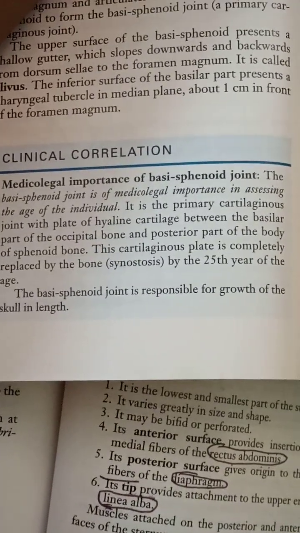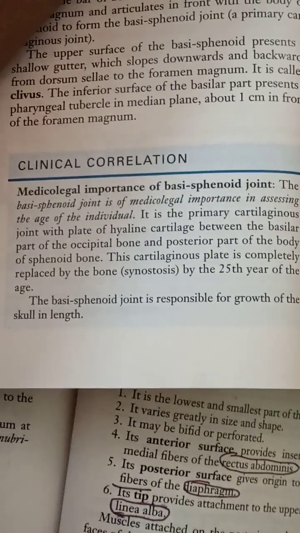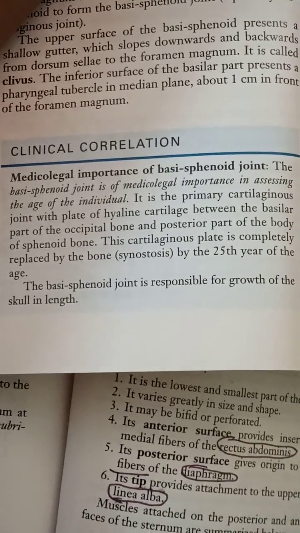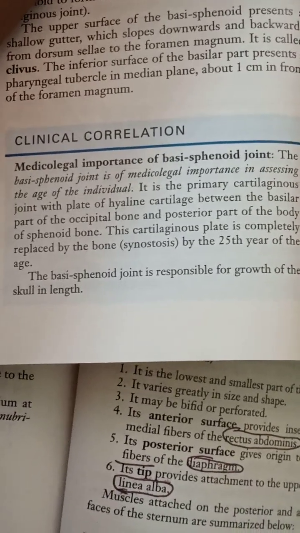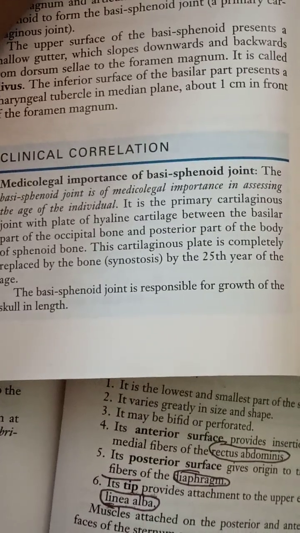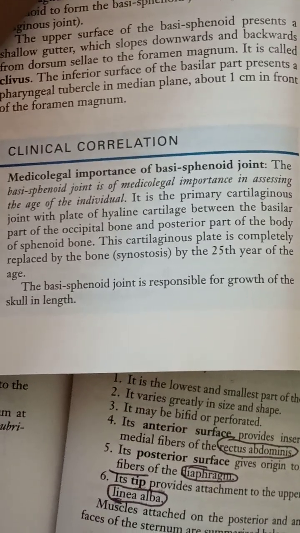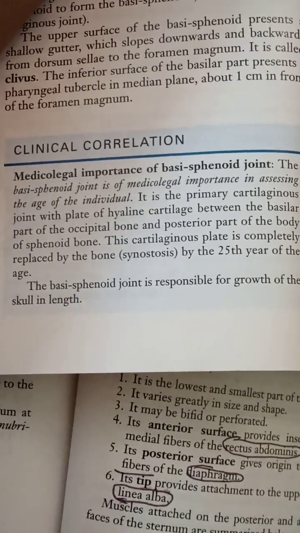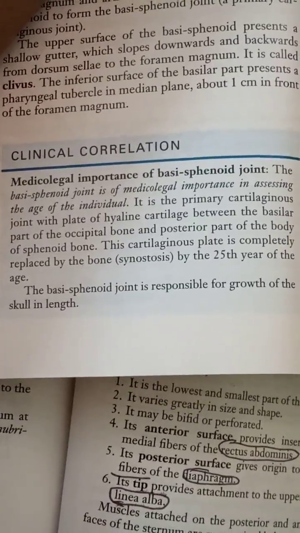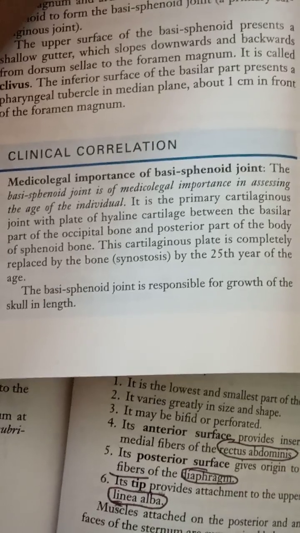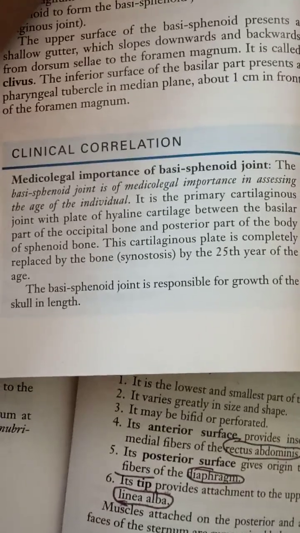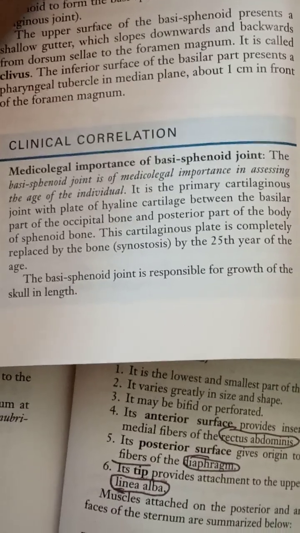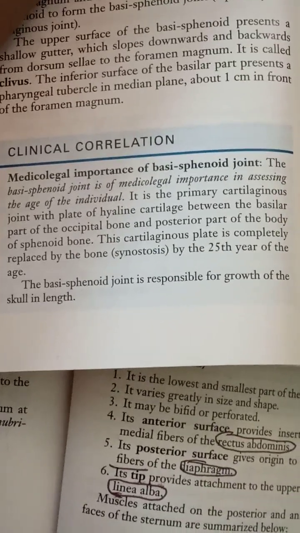So if we see synostosis in an X-ray above 25 years, it will be very easy to identify the age. The basisphenoid joint is responsible for growth of the skull in length.